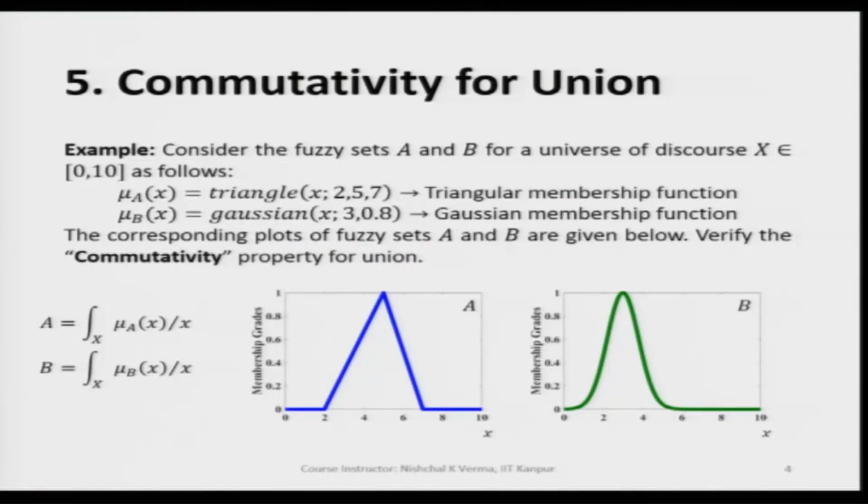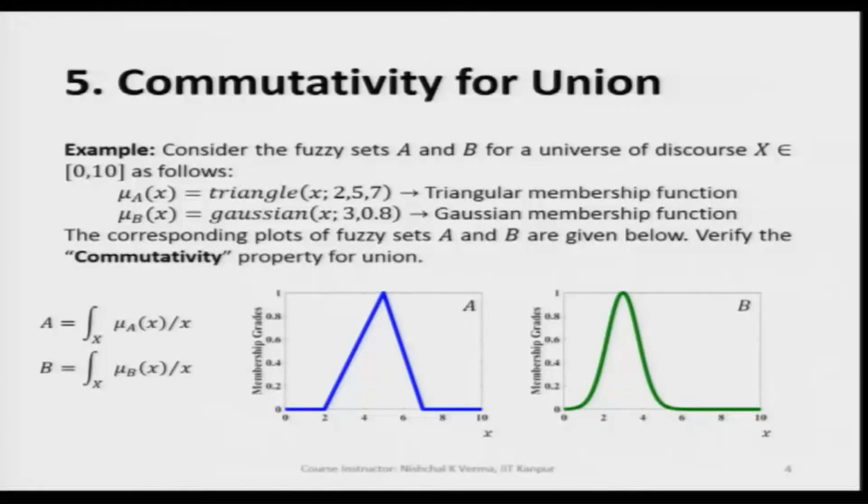So, if we take an example here where we take 2 continuous fuzzy sets A and B. Here fuzzy set A is a triangular fuzzy set, this is fuzzy set A which is triangular as we see, and B fuzzy set is a Gaussian fuzzy set here as we see.